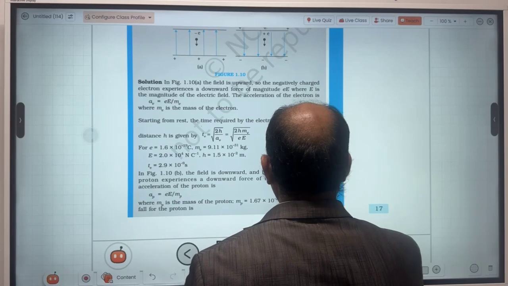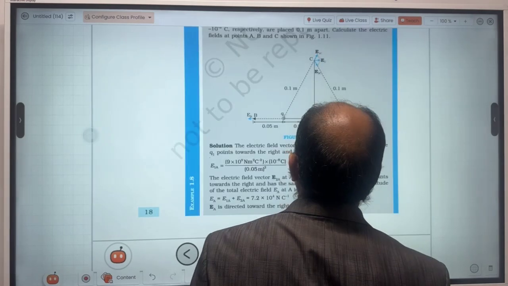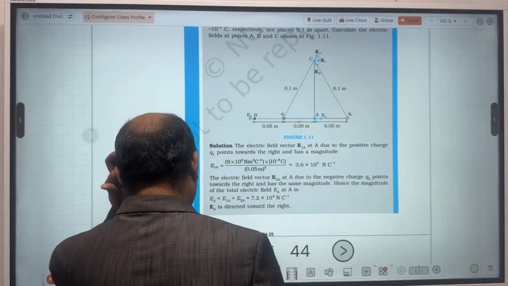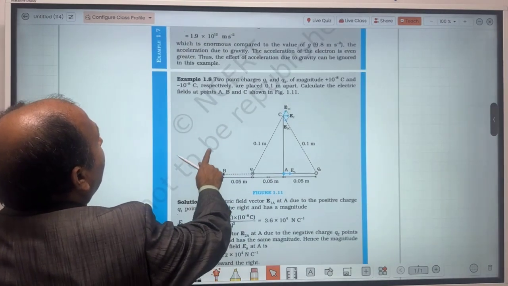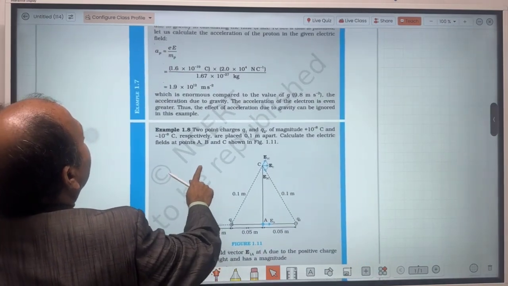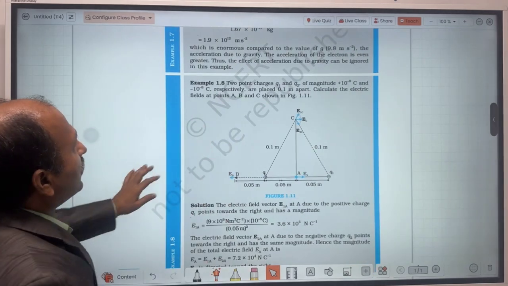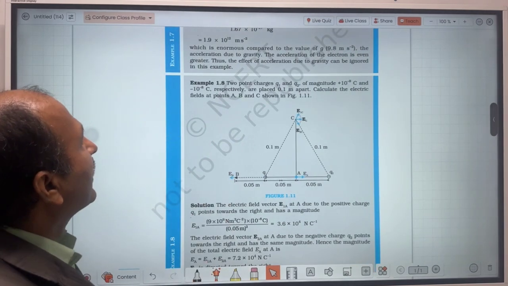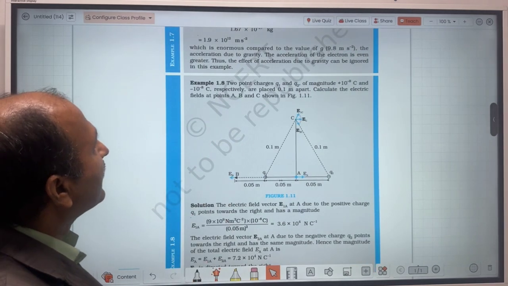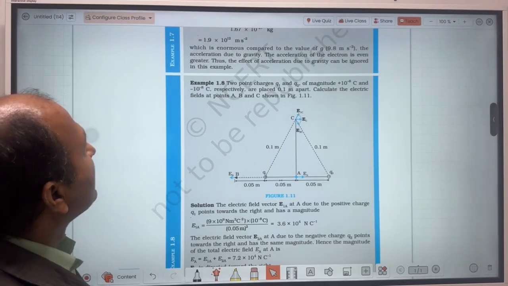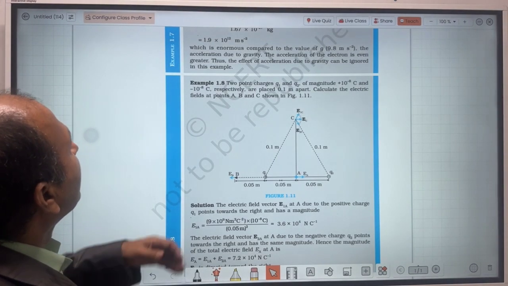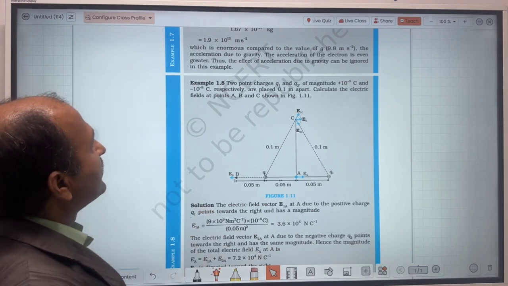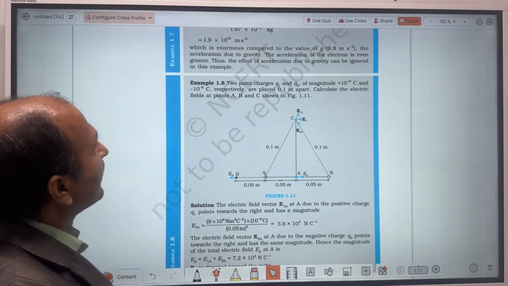Now we are going to see the next thing. Here there is another question. The question is: two point charges Q1 and Q2 of magnitude 10 power minus 8 and 10 power minus 8 respectively are placed 0.1 meter apart.